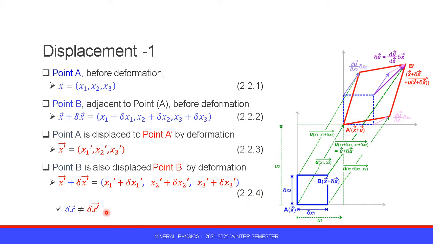Please note that the delta x vector from here to here is different after deformation from the vector from A to B, that is, A prime to B prime.